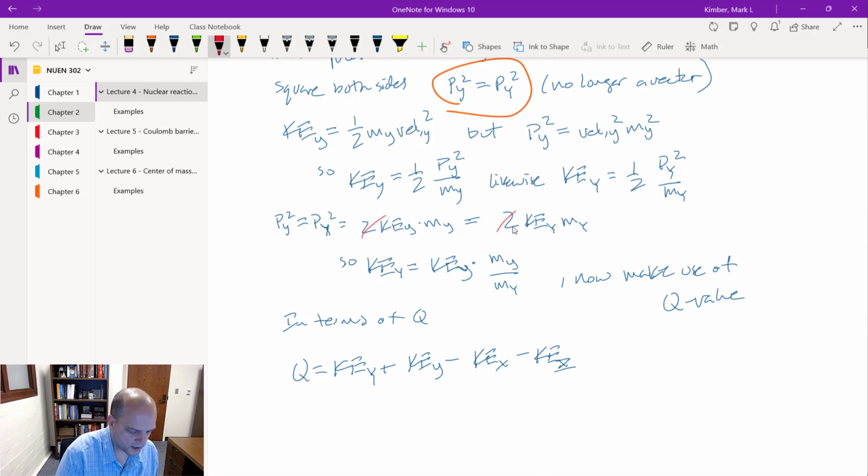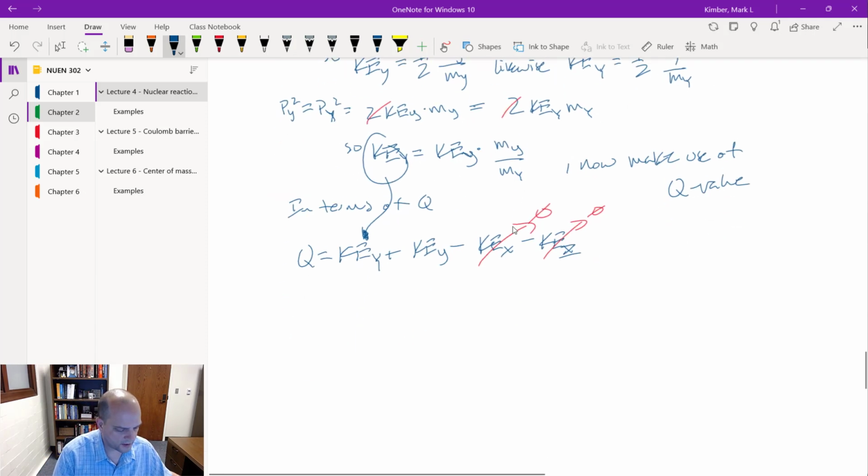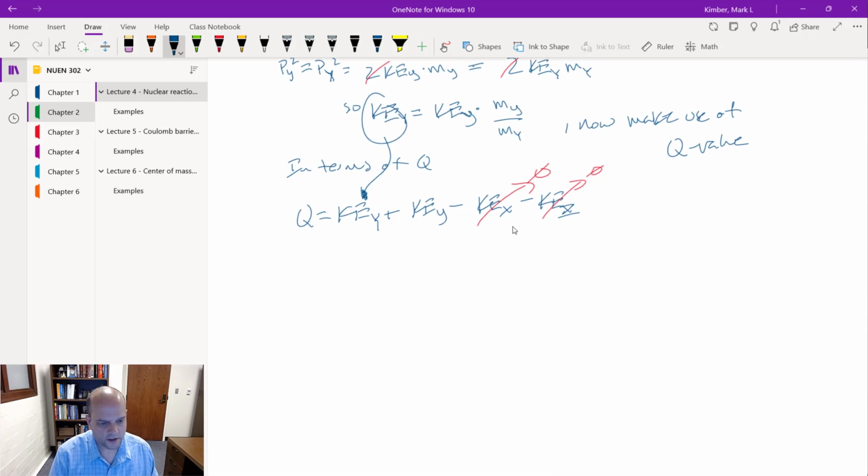But again, we started this off by assuming these were 0. And we're going to take this now and substitute that in here. And so now I can relate the kinetic energy. If I know the Q value, I can ultimately find the kinetic energies. That's what we're after here. We're after knowledge of the kinetic energies and knowledge of the direction.